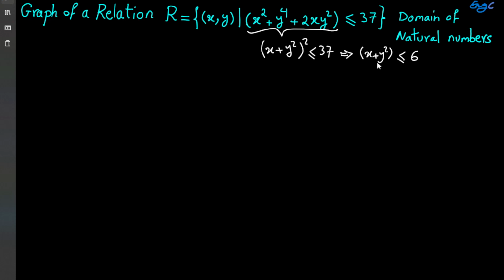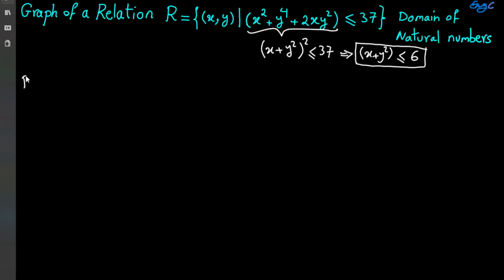But anything above that will not satisfy, because as soon as this number becomes 7, then 7 squared becomes 49 and doesn't satisfy this inequality. So following this requirement, let's list the two-tuples that belong to this relation R given the domain of natural numbers.